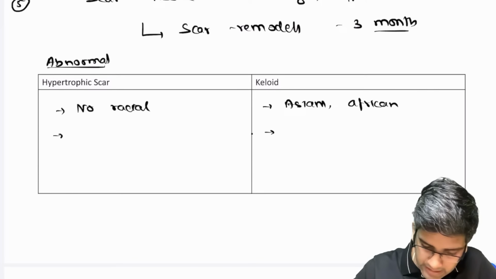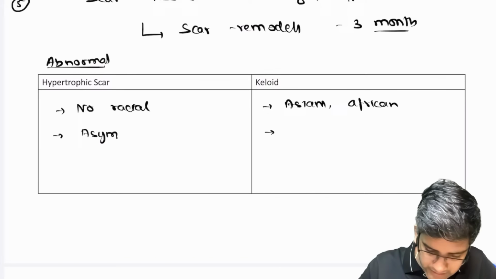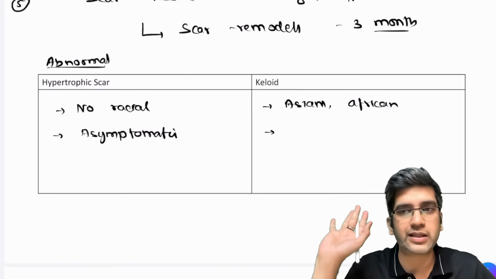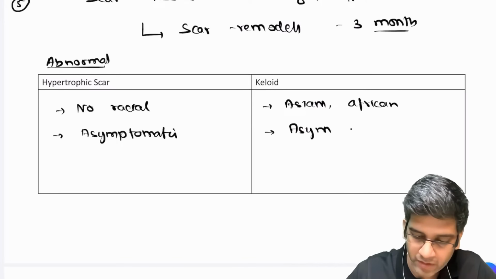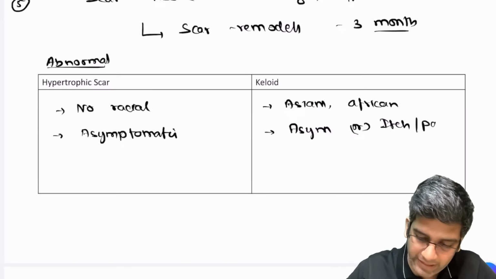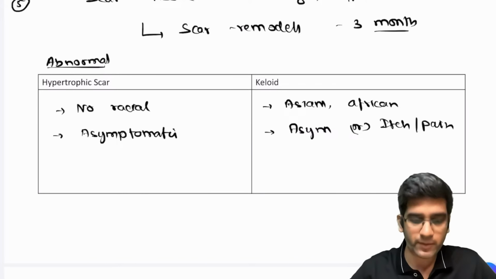Hypertrophic scar is almost always asymptomatic. They won't have any symptom. It's an ugly looking scar, that's all. In keloid, it can be asymptomatic, or it can itch, or it can pain. Sometimes it can be asymptomatic as well, right?